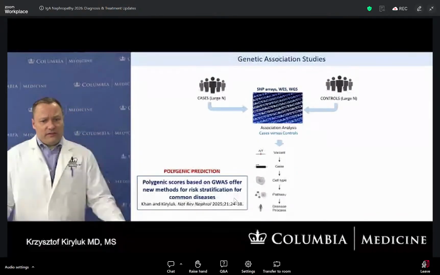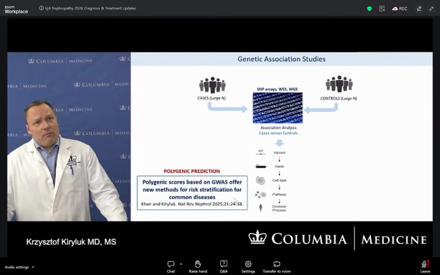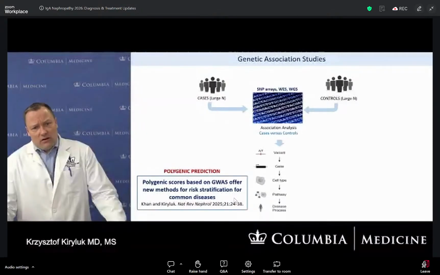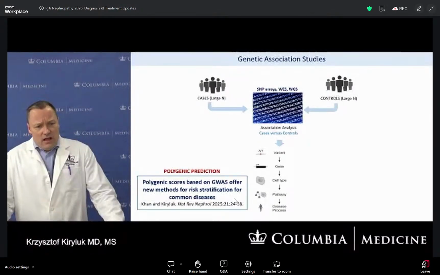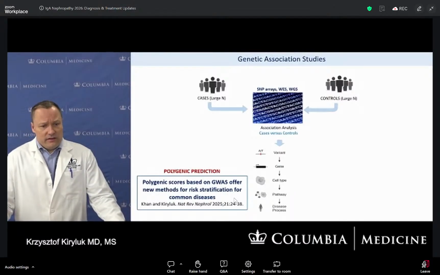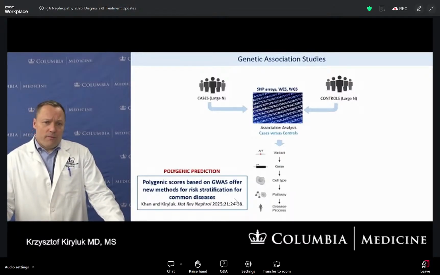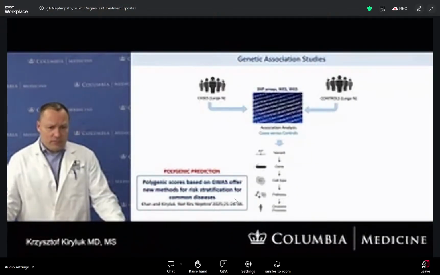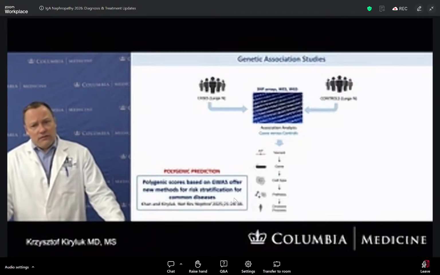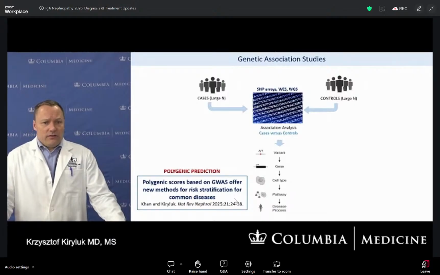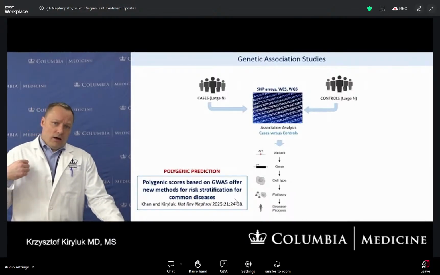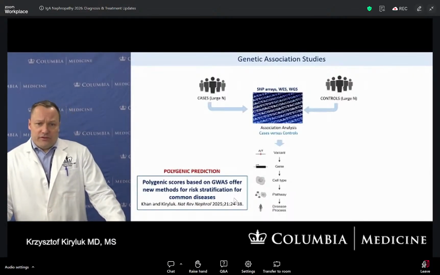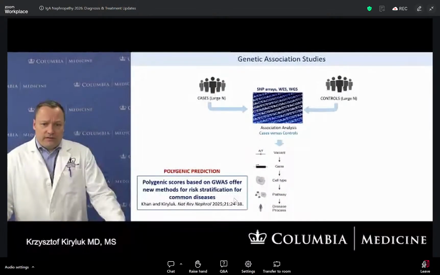So the first is that these studies generate maps of common variant effects on the risk of disease. And recently, there has been a lot of progress to form polygenic predictors of disease based on these type of data. So polygenic predictors, I'll tell you a little bit about how they're constructed, but basically they capture all of the effects of the common variation across the genome and try to correlate the degree of genetic predisposition due to the common variation with specific disease features.